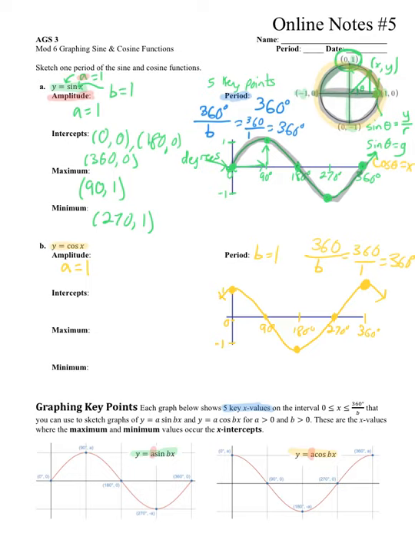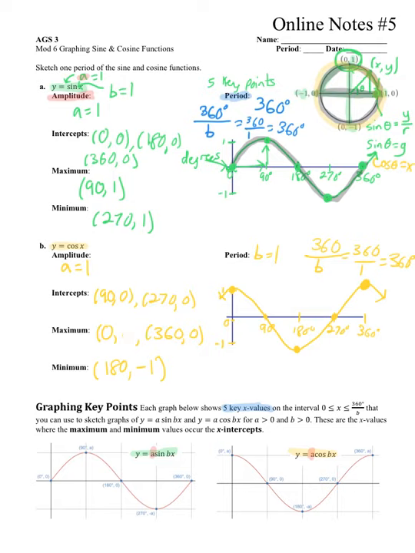Identify our 5 key points. This time our intercepts, we notice that there are only 2, (90, 0) and (270, 0). Our maximum value, there happen to be 2 maximum values this time. Sorry, our maximum value, I made a small mistake there.